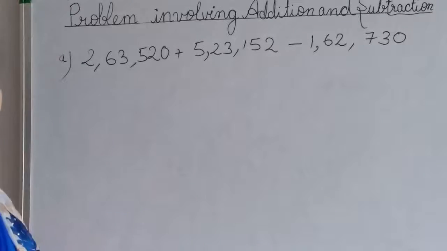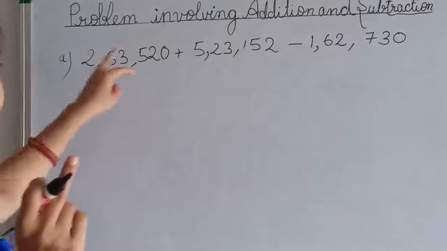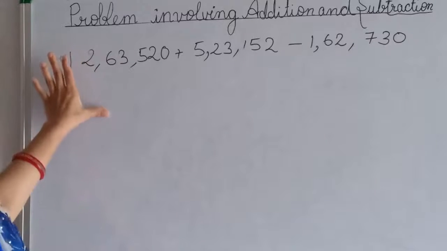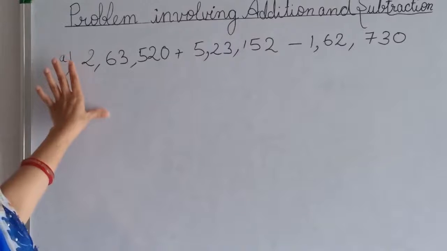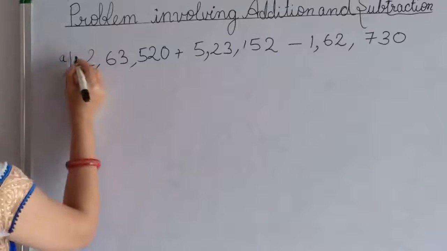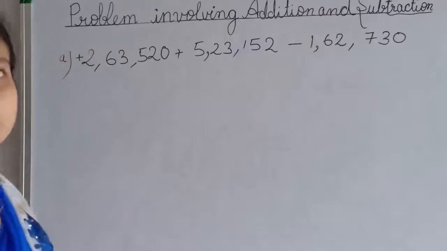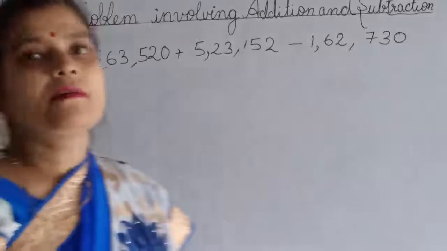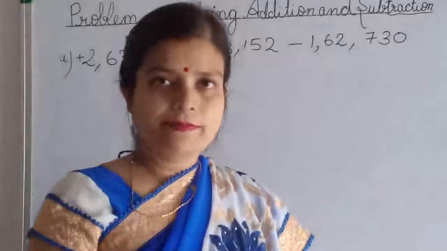And one thing you remember, in front of this first number there is no sign. Okay. If there is no sign, it means it is a plus sign only. If there is no sign, we can put a plus sign over there.